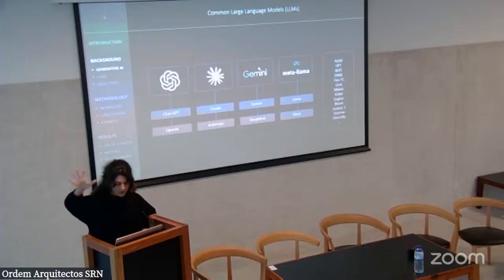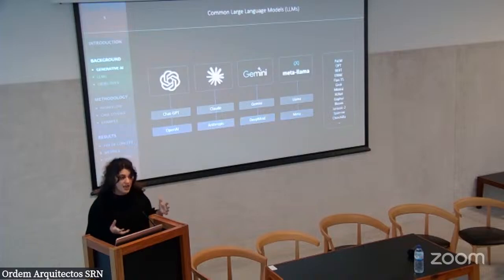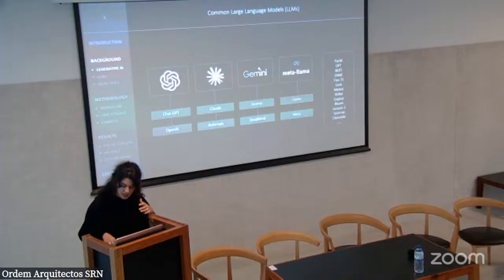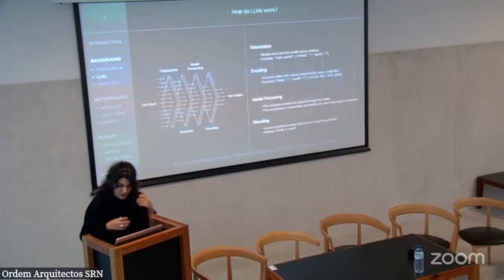Just to have a broader spectrum of how many of those models there are out there, a few of them are also quite open source for people to work on. They're pre-trained, because not even universities have the processing capacity to train such models, but we can fine-tune or change certain weights in order to customize them. In this presentation, we will be talking mostly about ChatGPT-4, which is the one we utilized.